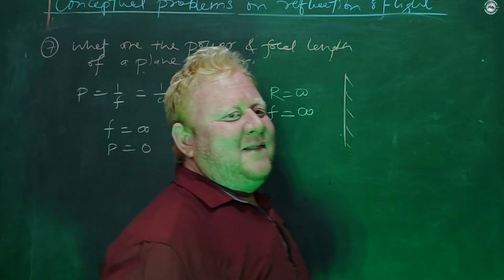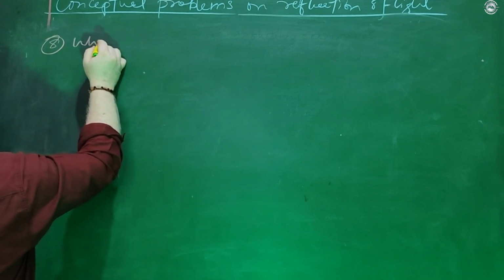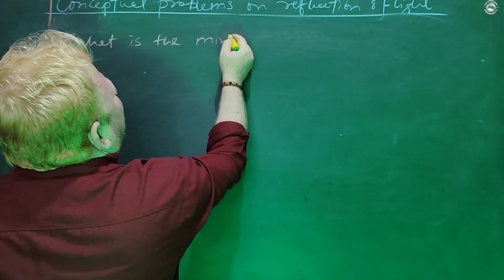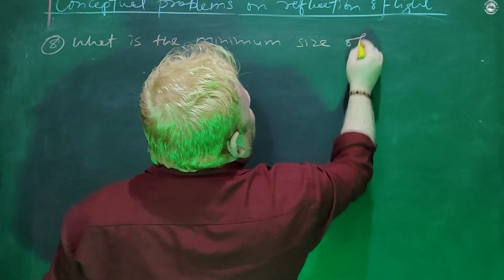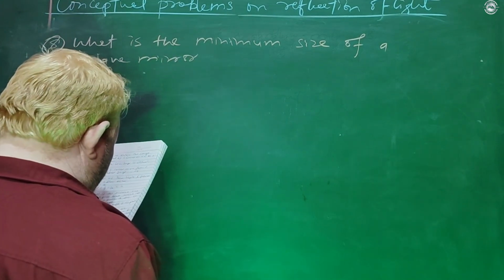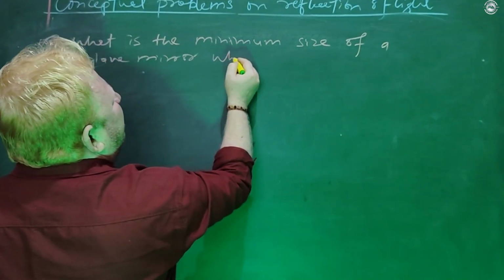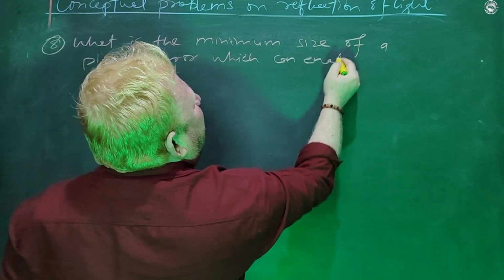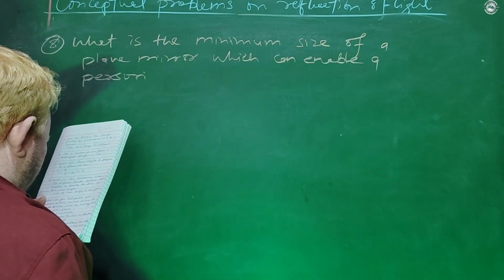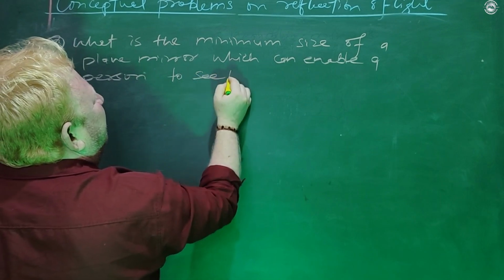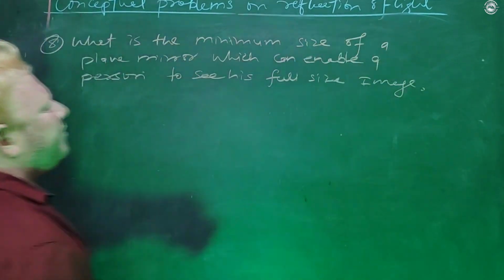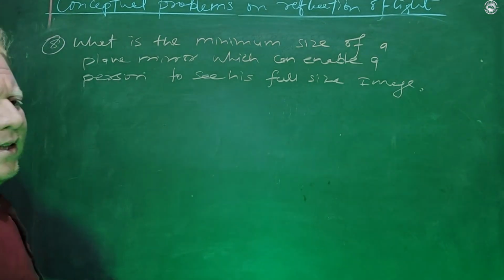Understood? What is the minimum size of a plane mirror which can enable a person to see his full size image? क्या लगता है भाई, कितना हो सकता है?